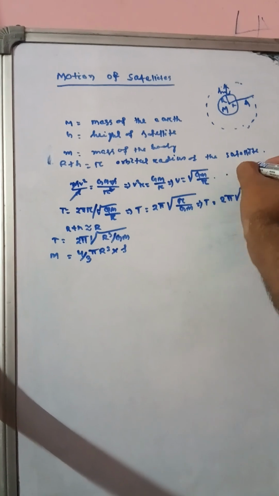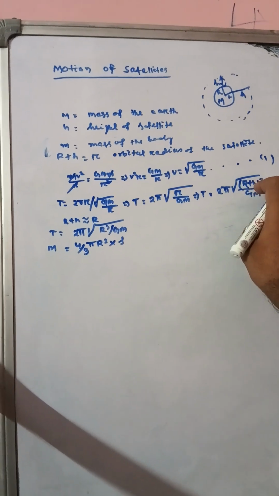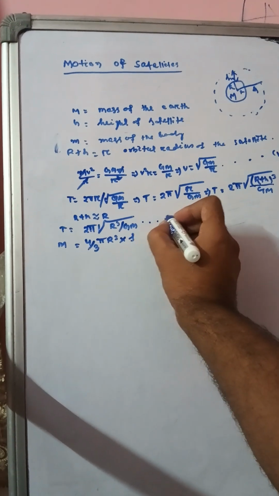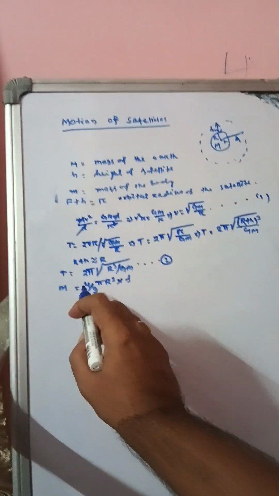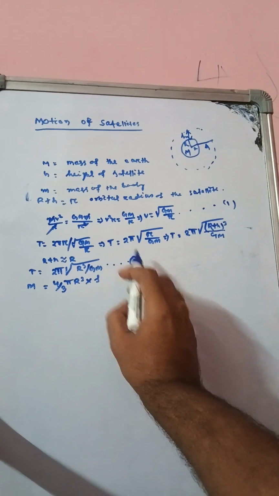This is equation 1, this is equation 2. We put the value of M in equation 2.